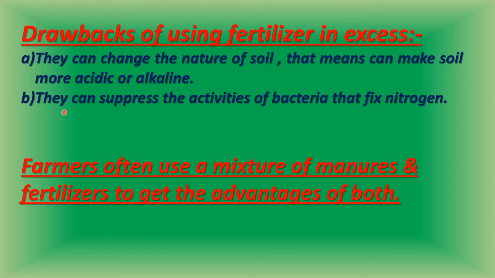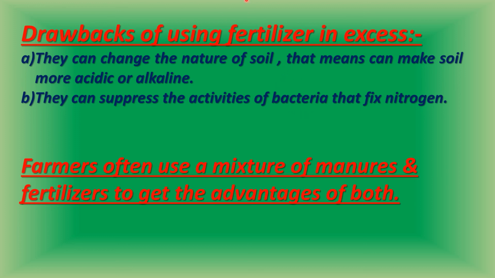Next, they can suppress the activities of bacteria that fix nitrogen. I just told you about crop rotation, growing alternate crops, right? Nitrogen is the most important requirement of the plants, because with the help of this they are covering their internal recovery rate. There are certain bacteria which are growing in the soil.